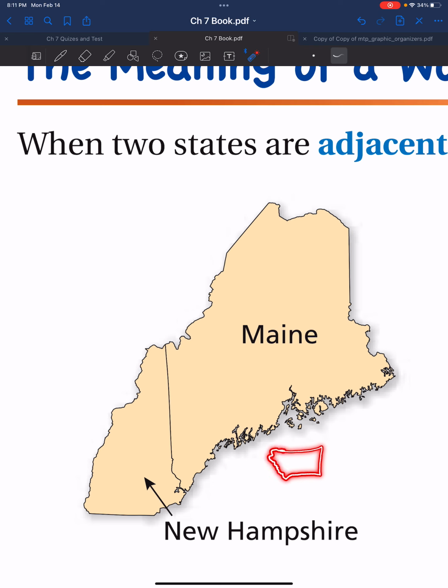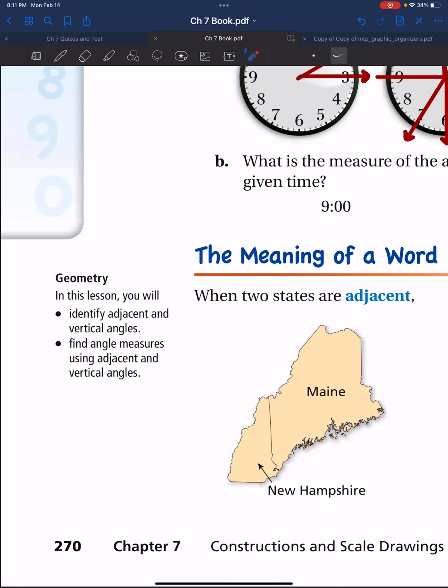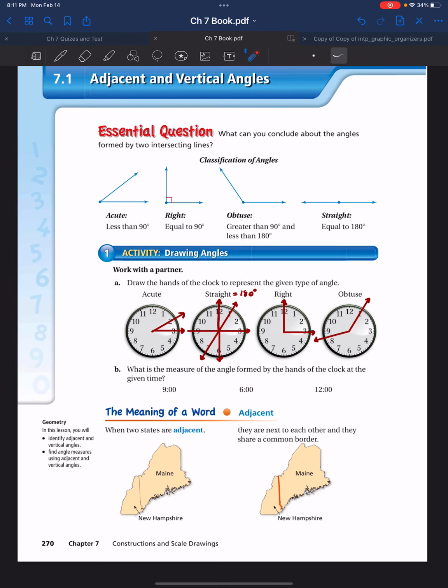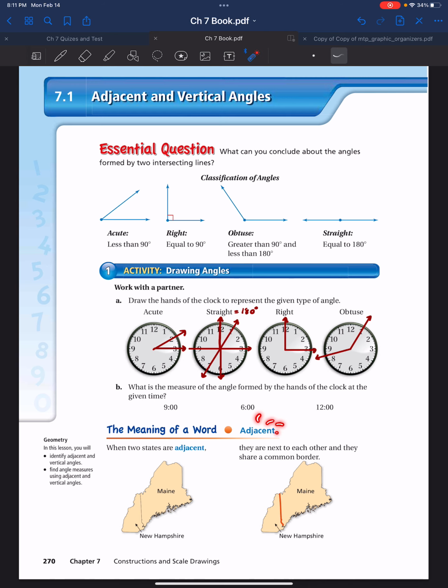The states that are adjacent to Montana are Idaho, and then down below us we've got Wyoming, and over to the other sides we've got North Dakota, South Dakota, and then up here we have Canada. Adjacent means that you are sharing a side. They are next to one another and they share a common border. So I would say that Maine and New Hampshire are adjacent to one another. That is an important thing to understand because today we will be talking about adjacent angles.